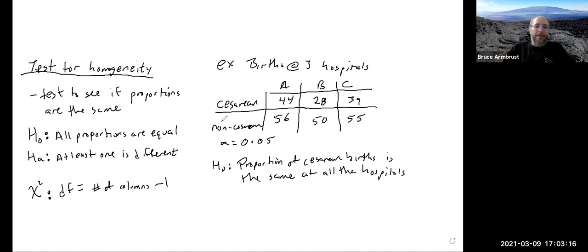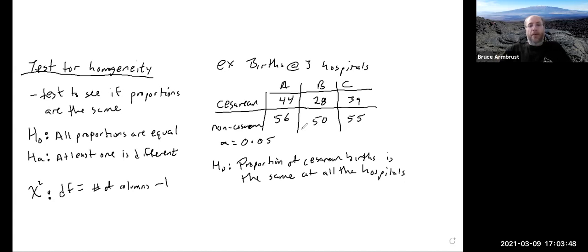So it turns out that this is actually really the same formula as what we were doing with independence. It's just because of the fact that we only have 2 rows, that becomes just columns. And in fact, this still is sort of a test for independence, right? We're trying to see if the number of cesarean births, or a proportion of them, is independent of hospital.